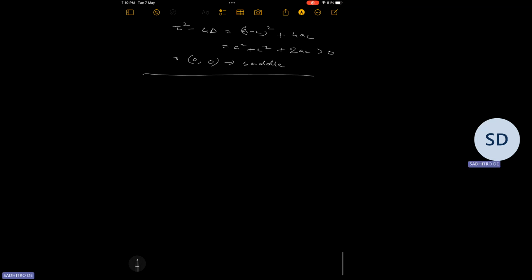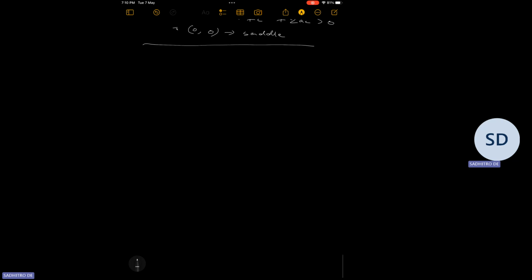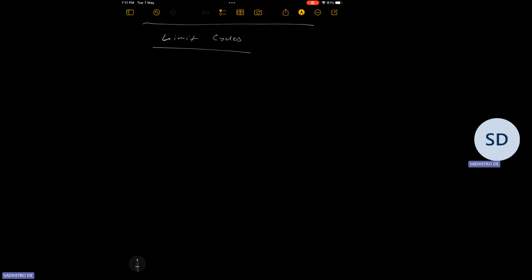Now we move on to a new topic in two-dimensional systems, which is the concept of limit cycles. We had seen that oscillatory solutions are possible.